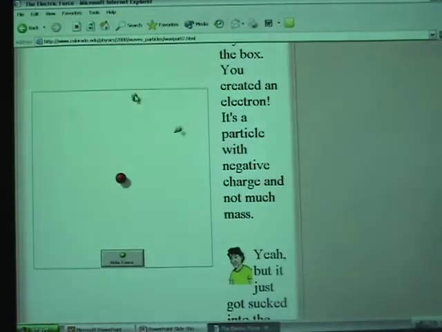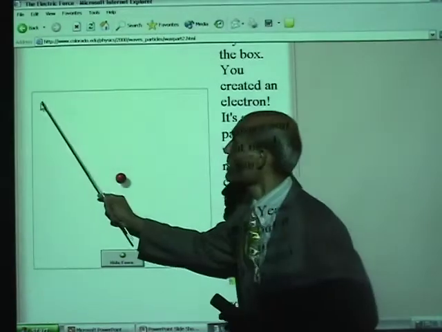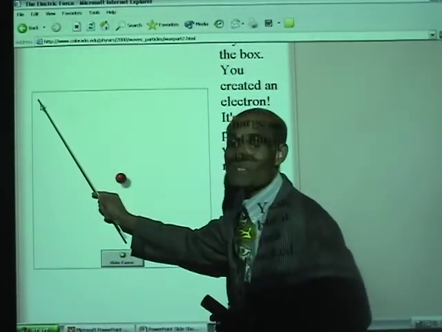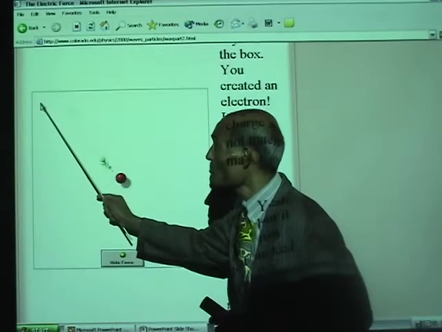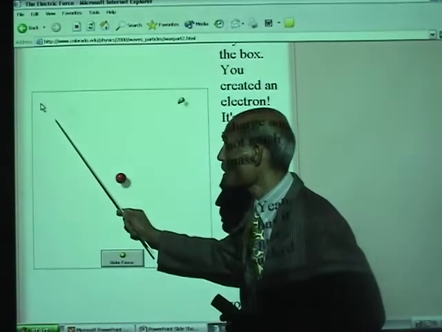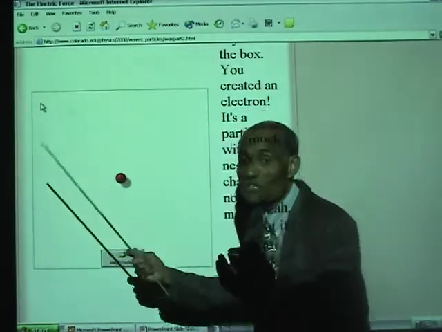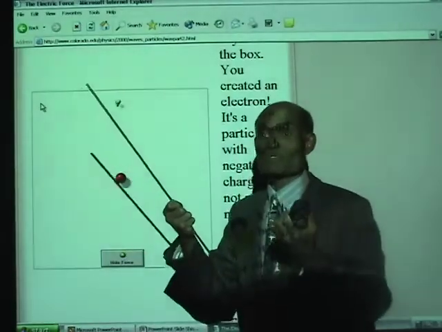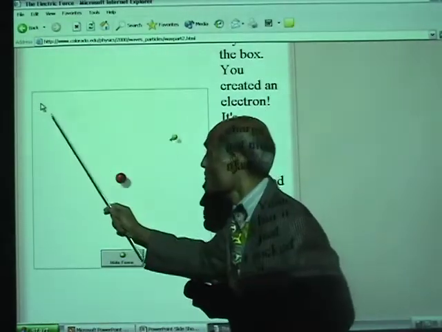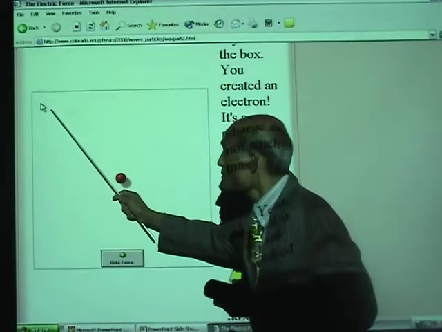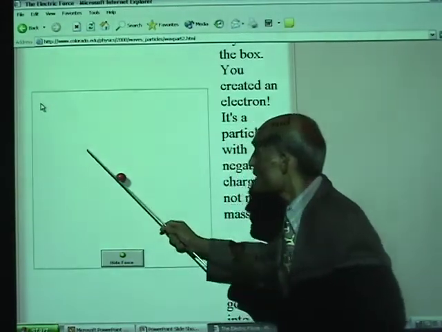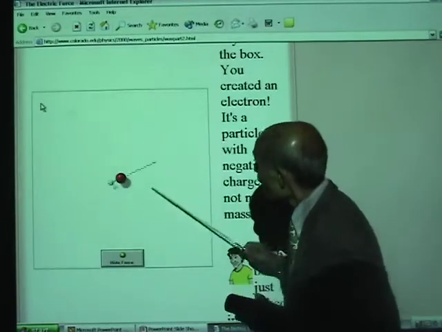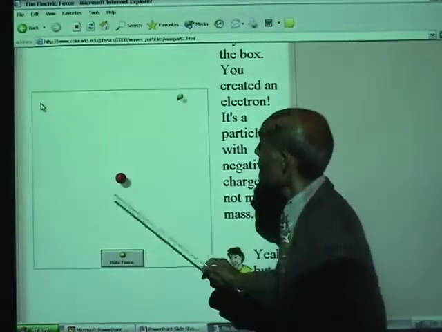Alright, I'm going to place one charge there. Look at the way that's going to move. If I place one here, you should notice the force on it will not be that great, so it will move slowly, but as it comes closer and closer, the force increases, the acceleration increases. And so the charge will experience a greater and greater acceleration, just like the orbiting charge here.